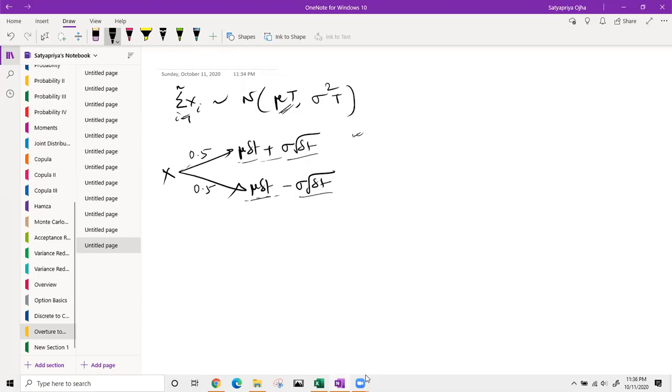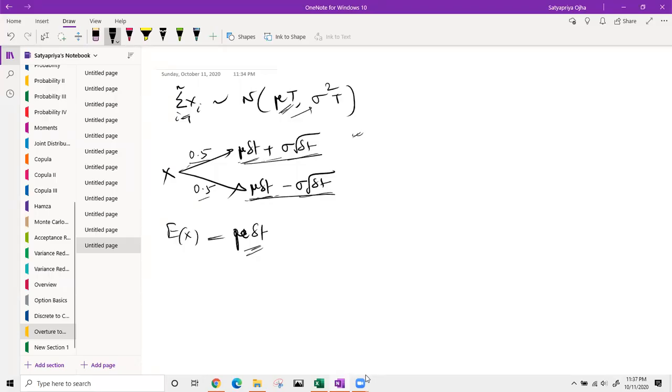Does this really end up with this? If you want to check, you can check the expectation. Expectation is 0.5 times this plus 0.5 times this. What will happen? Sigma square root of delta t will cancel. You'll get 0.5 times mu delta t plus 0.5 times mu delta t. That is mu delta t. So we got the expectation here.